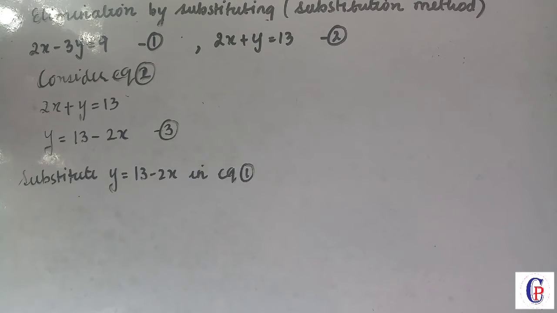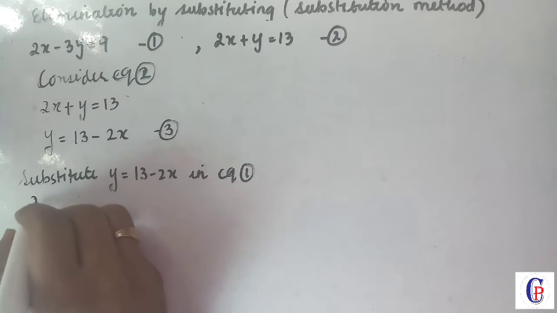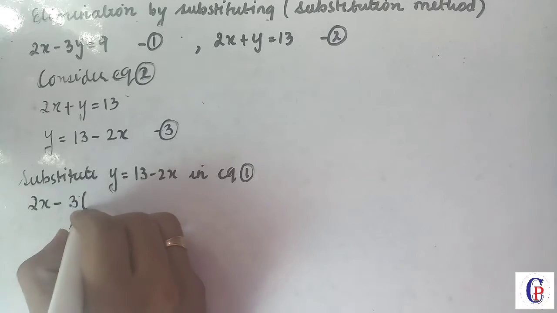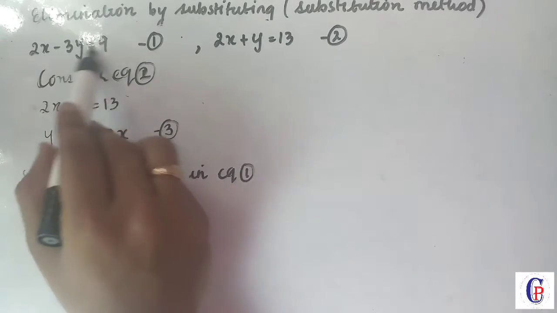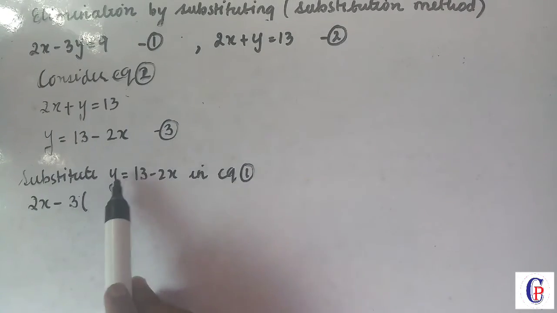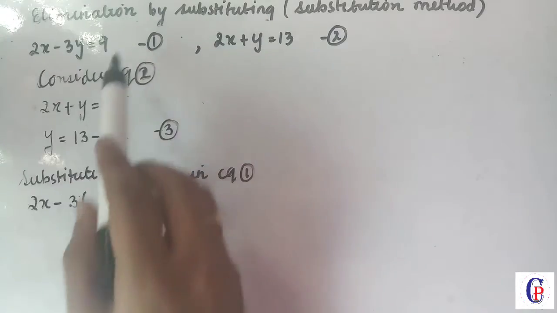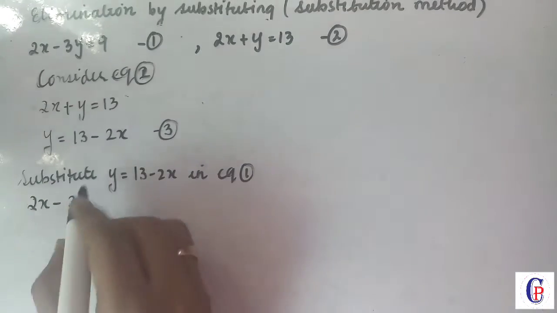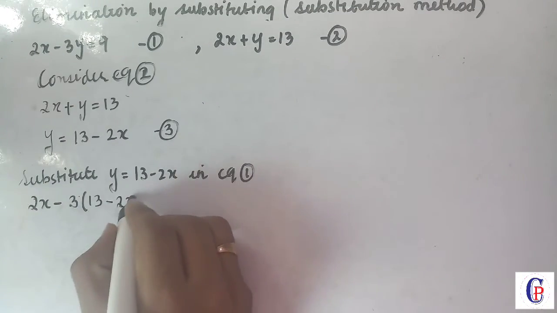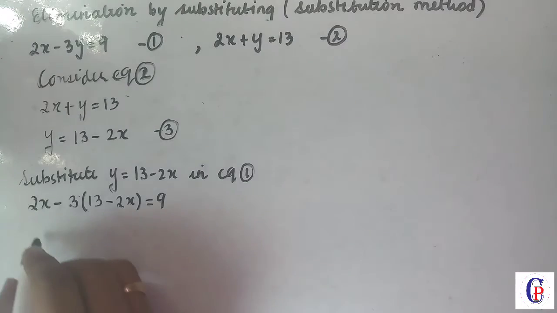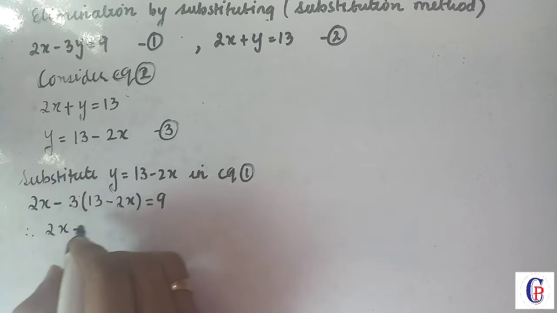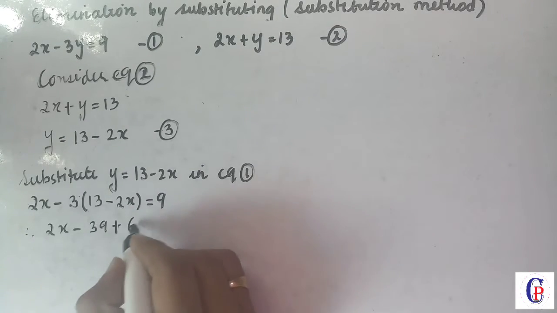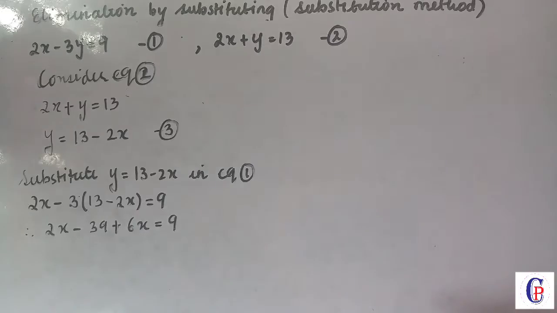Substituting means in place of y we will put 13 minus 2x. So 2x minus 3, 13 minus 2x is equal to 9, and therefore we have 2x minus 39 plus 6x is equal to 9.